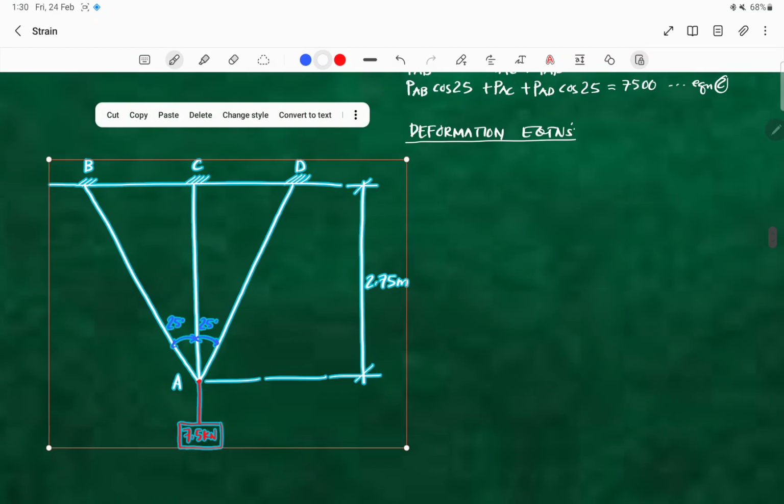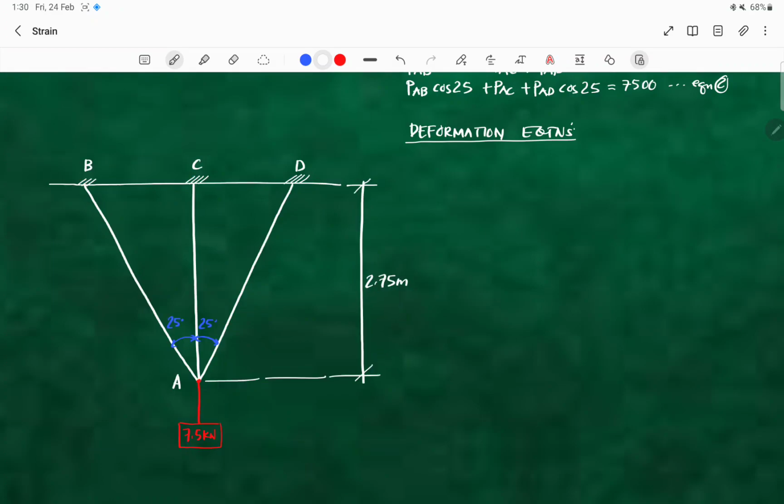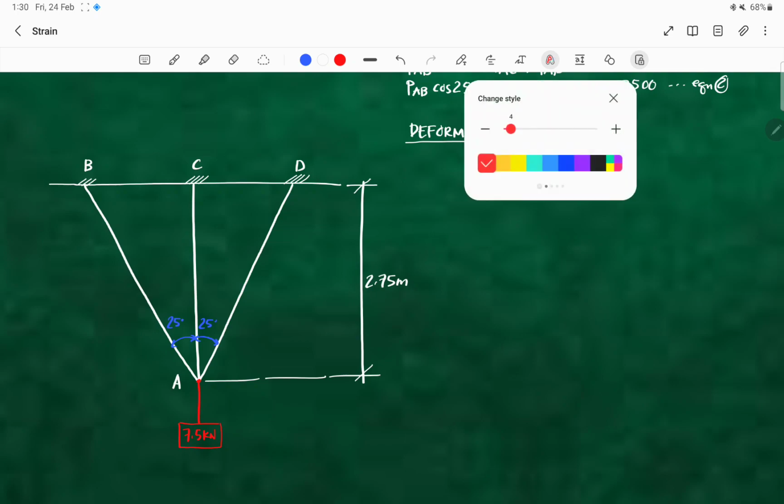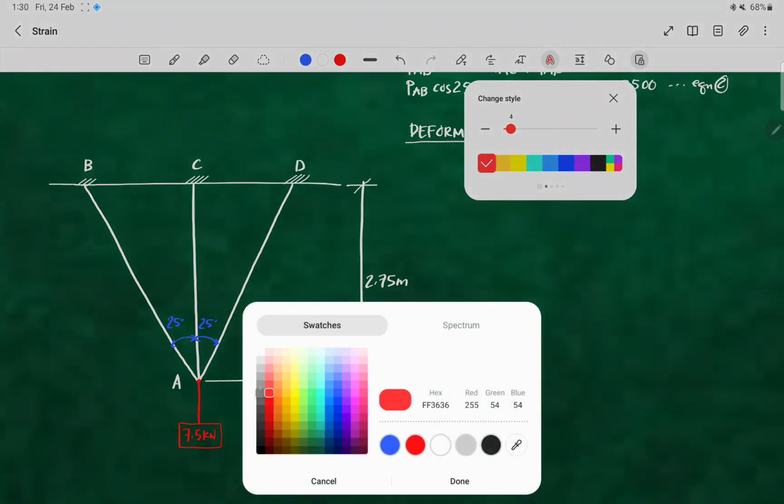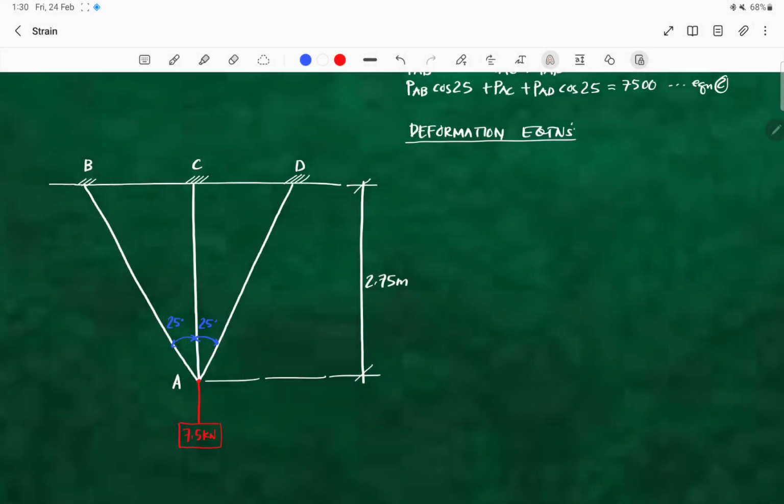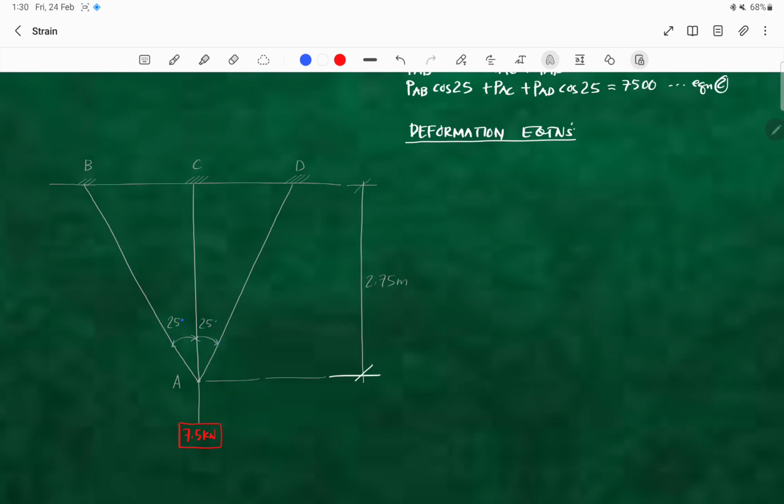So, ngayon, kunin natin ito ulit. Bali, ito yun, no? Ito yung structure natin. Change ko muna yung kulay, ha?